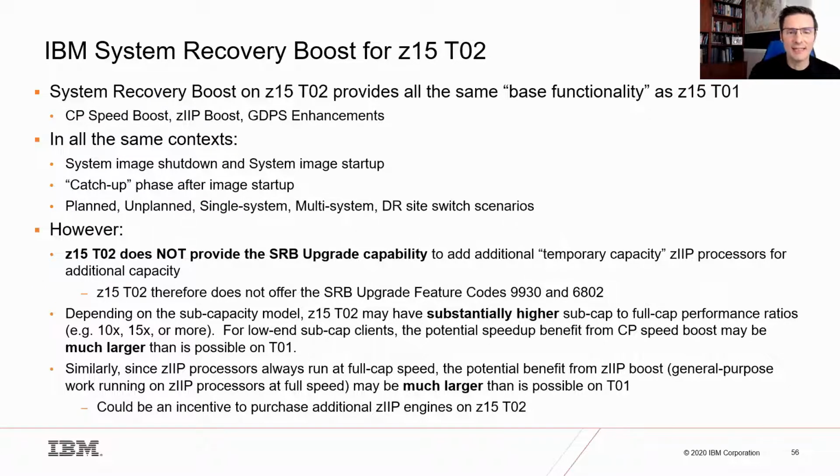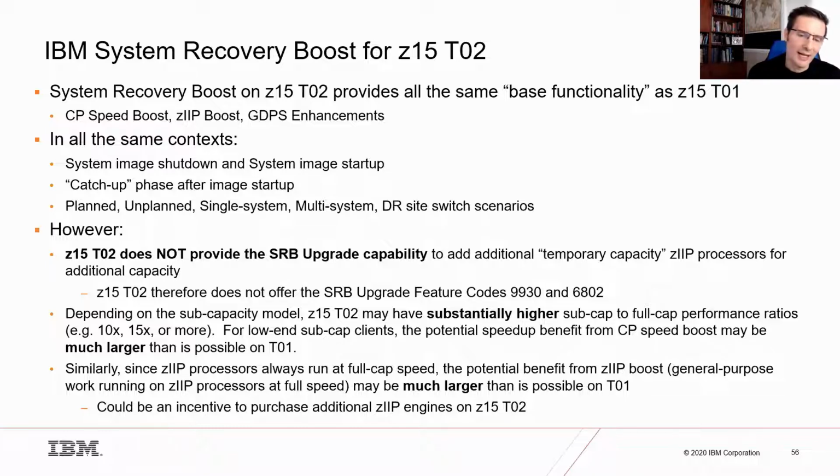Okay, so on the smaller z15 T02 machine, one of the big differences is just that there's no upgrade boost available in the paid boost. It's only the base boost functionality in terms of the speed boost, the zip boost, and the GDPS enhanced boost.